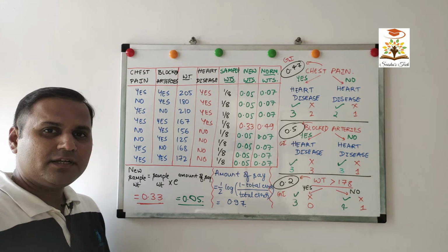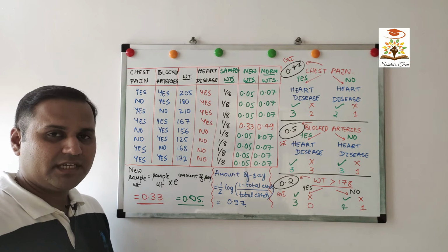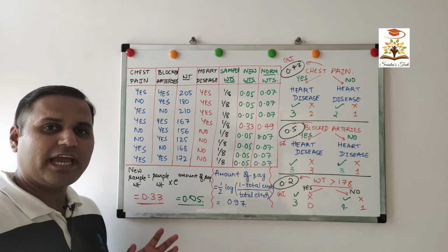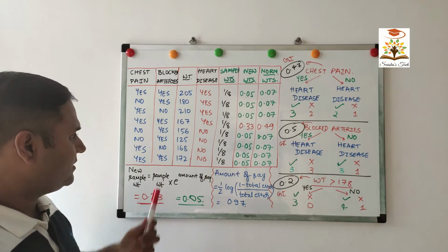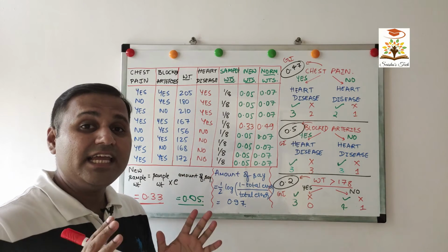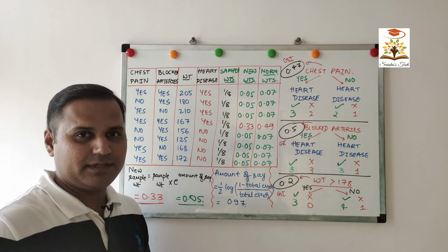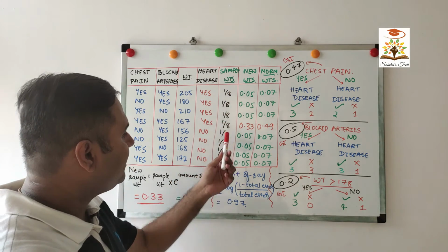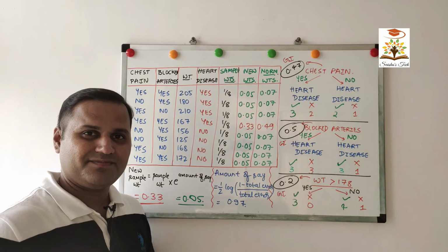Now, the first step for building AdaBoost is assigning sample weights. As we have 8 observations, I have assigned 1 by 8, which is equal weight, to each observation of the data set.